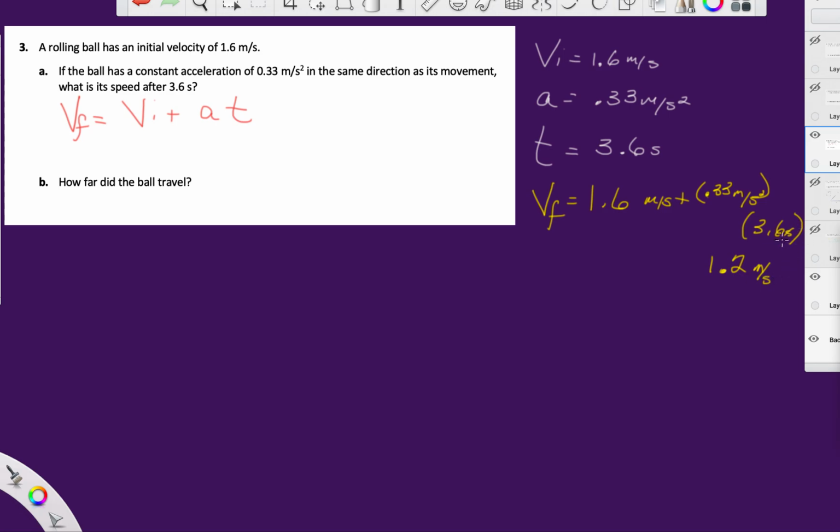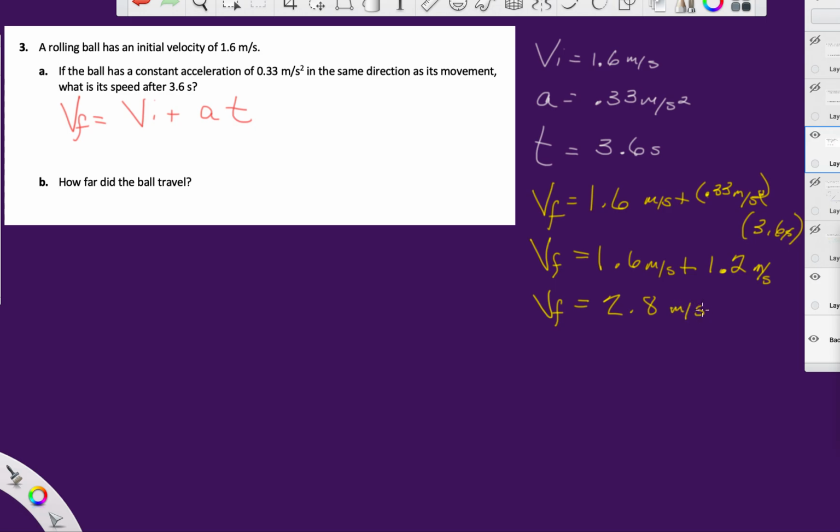This second's going to cancel out with the square there. And then we've already had that 1.6 meters a second. So you put these two things together and you're going to get a final velocity. We're not going to be done, we have another section to do, but our final velocity, which is going to help us in the next section, is 2 8/10 meters a second.